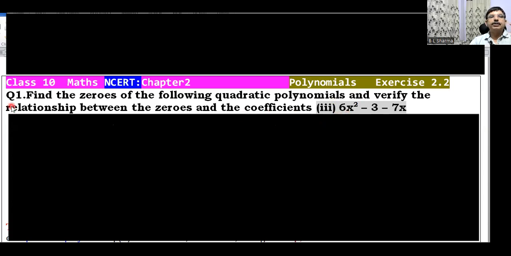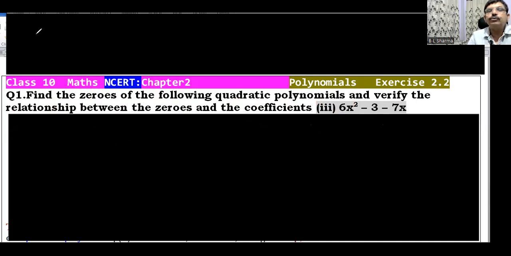This is the third part of question number 1 of exercise 2.2, class 10, chapter 2, polynomials. Find the zeros of the following quadratic polynomial and verify the relationship between zeros and the coefficients: 6x square minus 3 minus 7x.